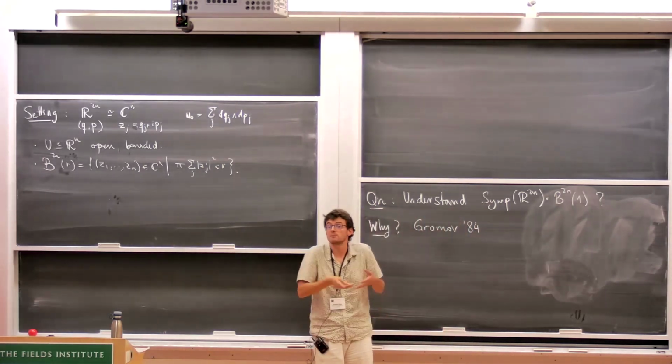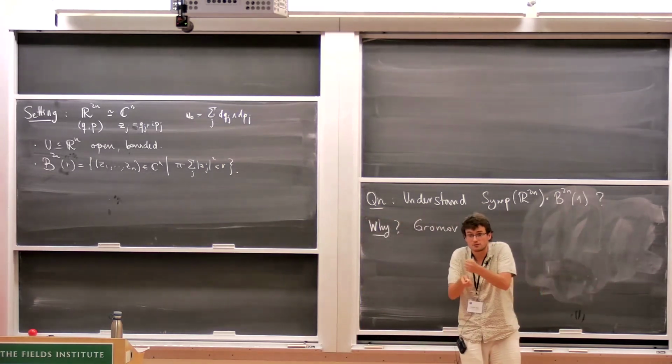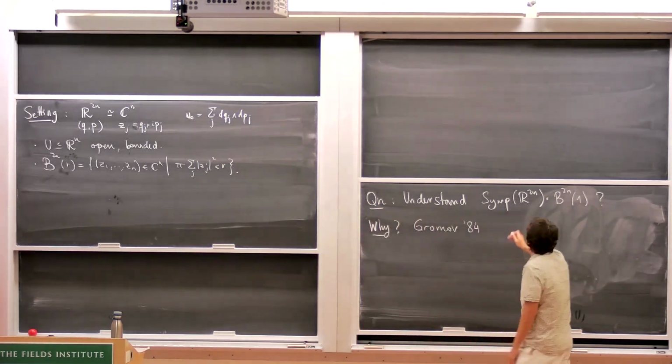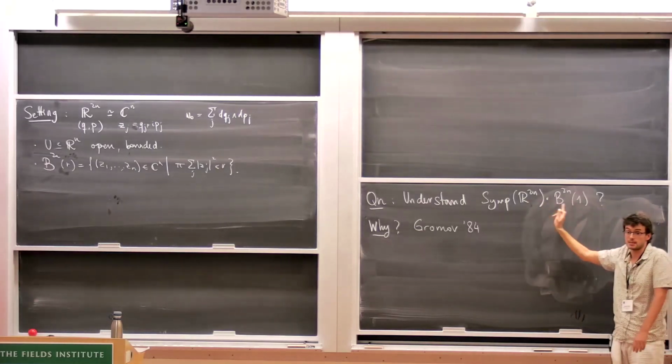So if you give me some subset of the cylinder of a sufficiently small radius, that has the right volume, you will not be able to find the symplectomorphism that sends it to that.